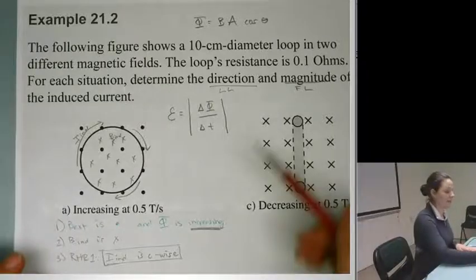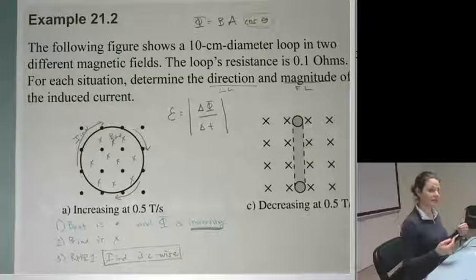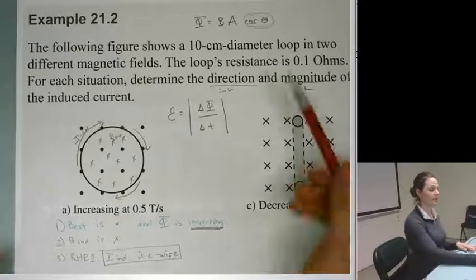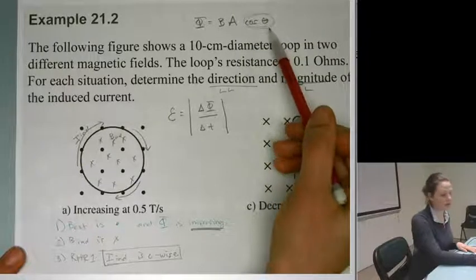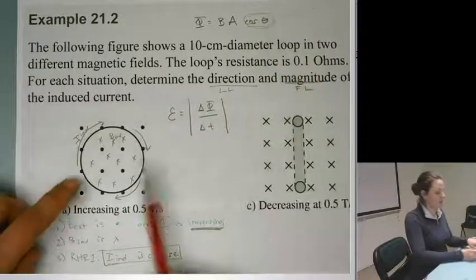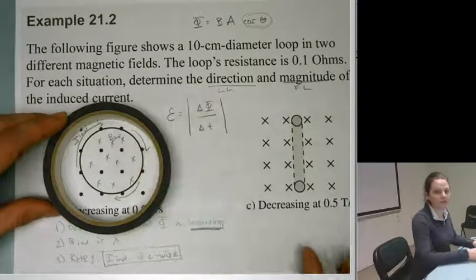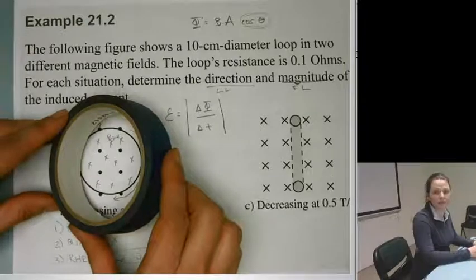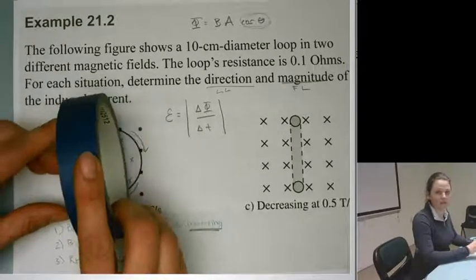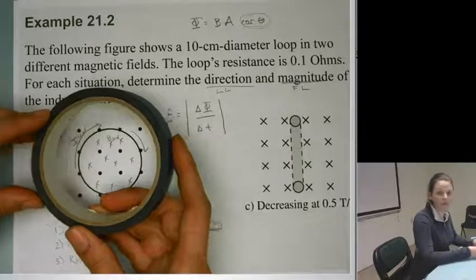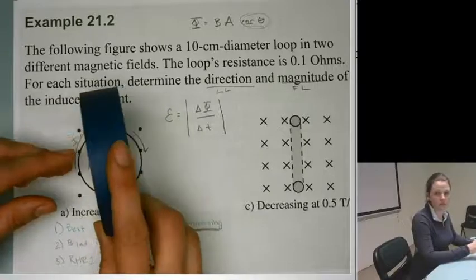And so we get to ignore this cosine of theta. The way that I find is helpful to think about this is that the reason this cosine of theta term is in here is for the possibility that this loop isn't oriented like this, but that it's oriented at an angle. If it changes its angle, the amount of flux going through the loop changes. So I have the most flux when it's right here, and I have less and less flux until there's zero flux right here.